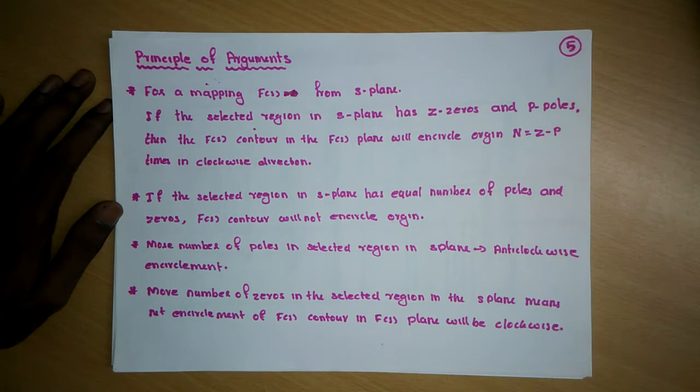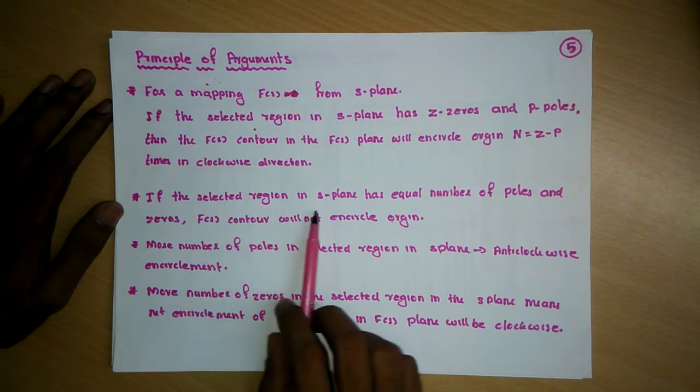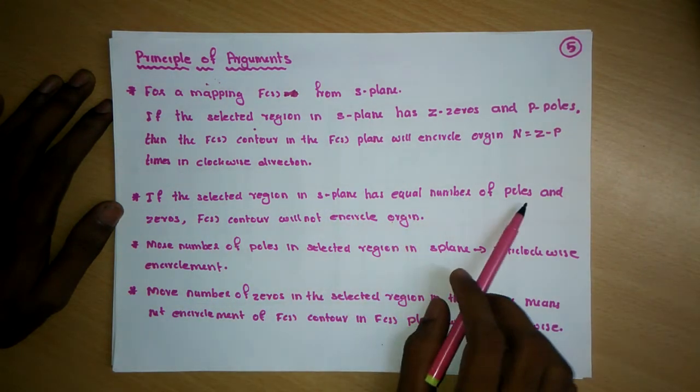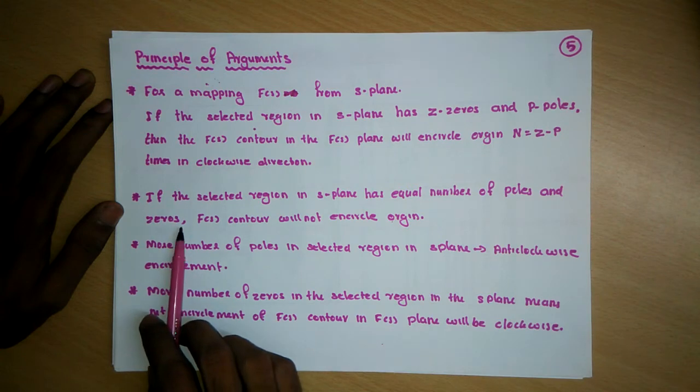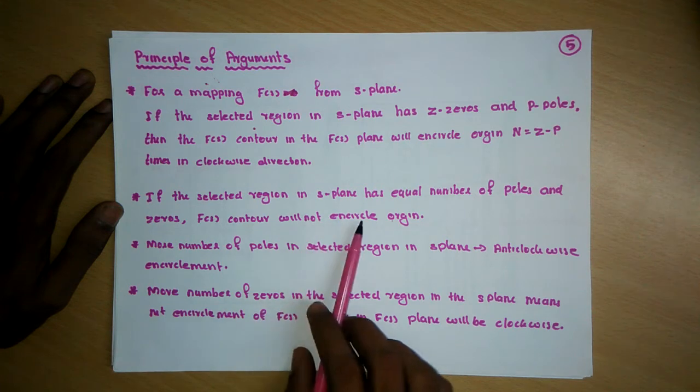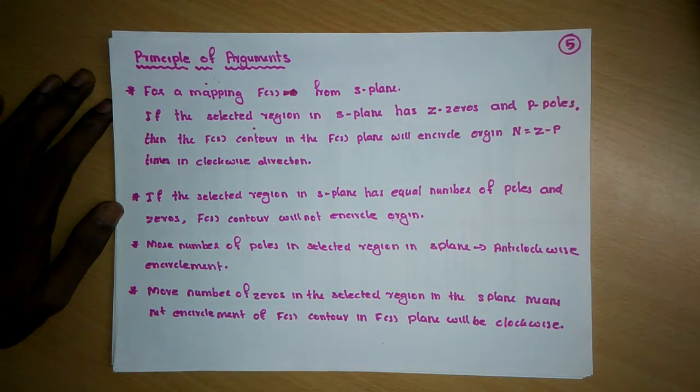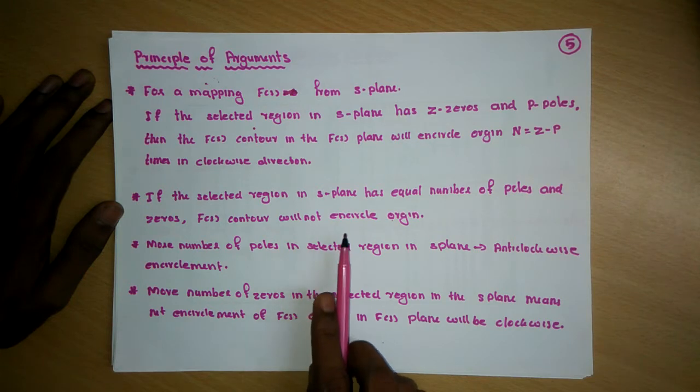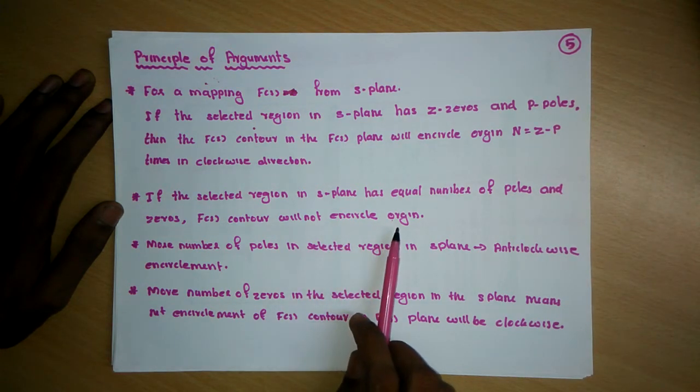So, if the selected region in the S-plane has an equal number of poles and zeros, that is, Z is equal to P, then Z minus P is going to be 0. So, the f of S contour will not encircle the origin.